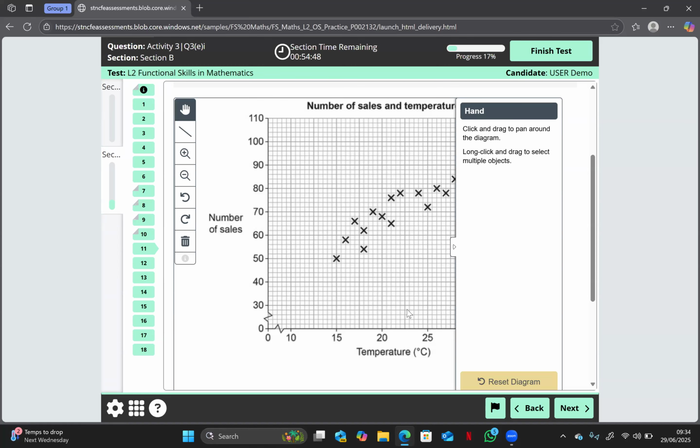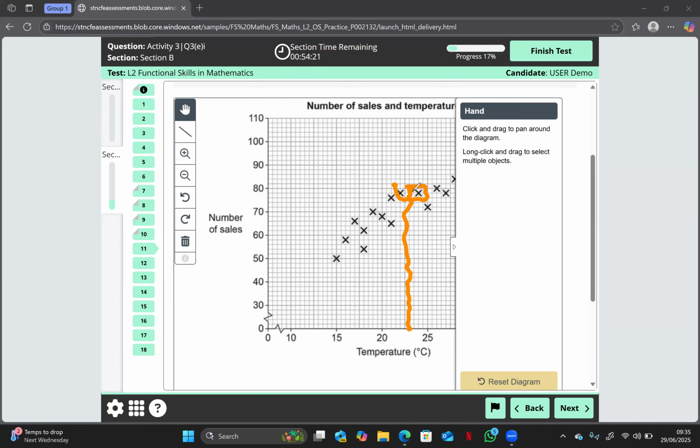There, 23. So we go up this line, go up here, and we can see that it is between the two 80s. So we will guess and make a prediction. We will predict that the number of sales will be around here as we've gone up this line.